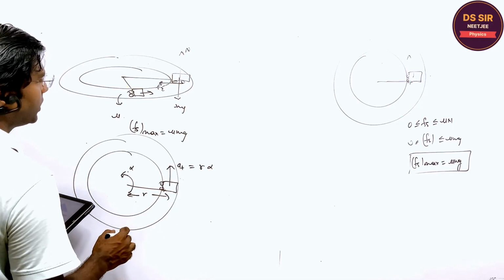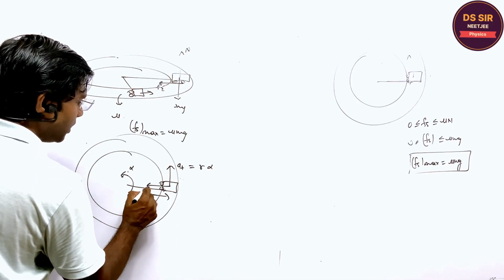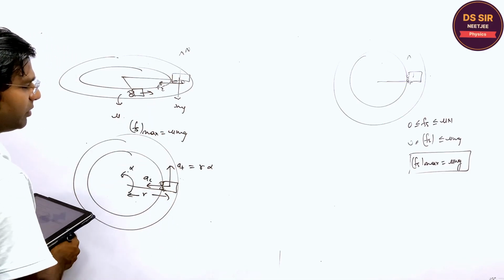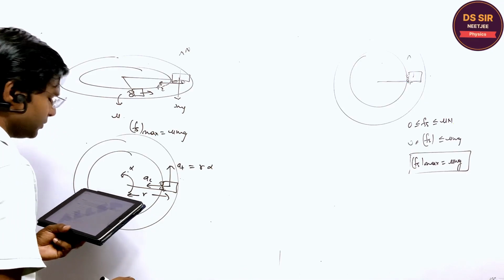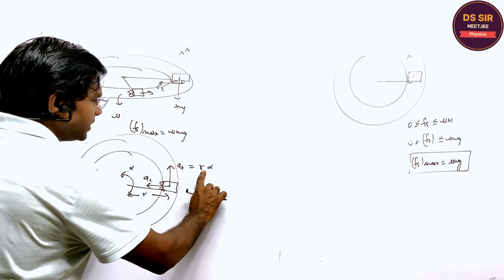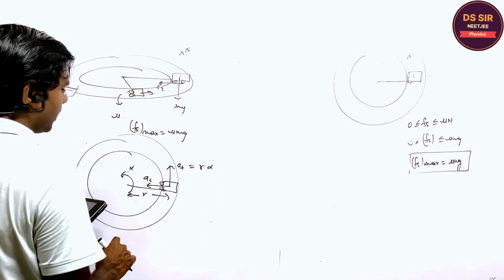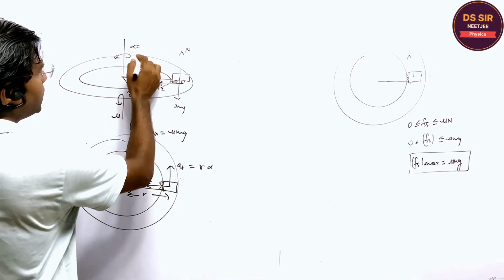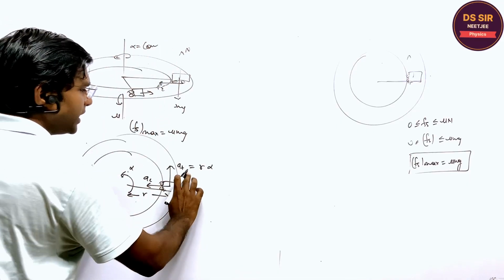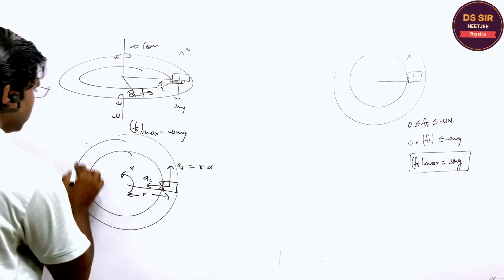Or listen, one more thing, the centripetal acceleration will be this. Is it clear or not? You tell. So the tangential acceleration is equal to r into alpha, and the angular acceleration in this question is constant. So the tangential acceleration will also be constant.